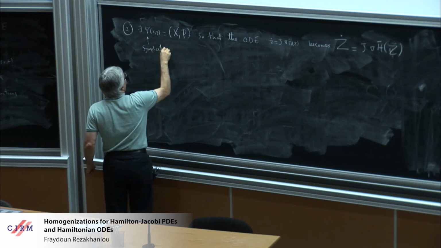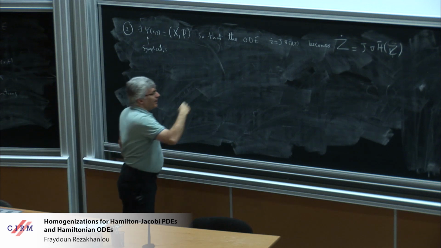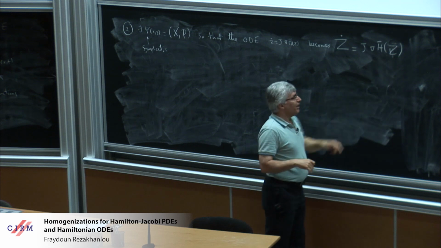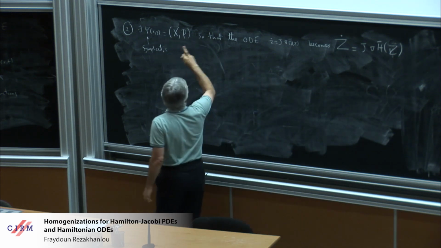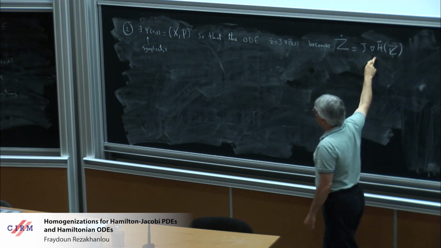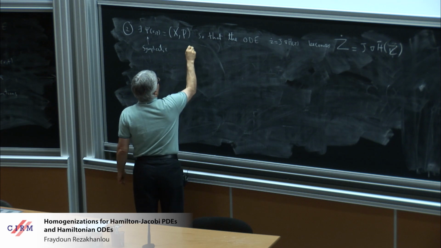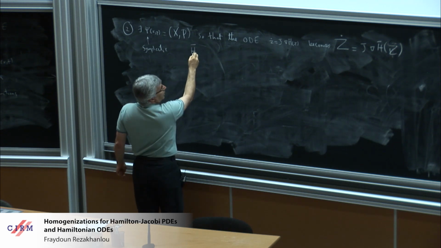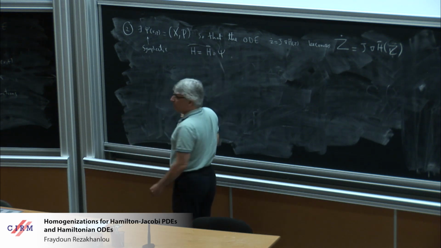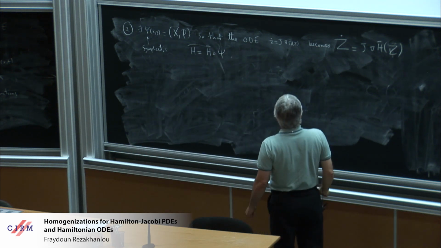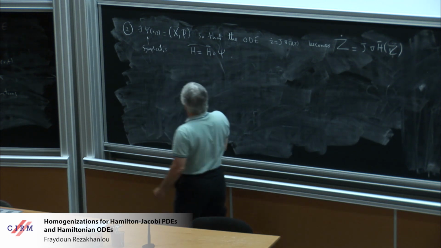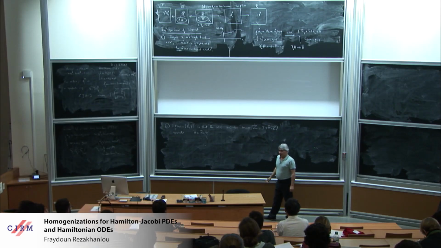So if you take a symplectic change of coordinates, then you can guarantee the outcome is again a Hamiltonian ODE, and the relationship between the old Hamiltonian H and new Hamiltonian H bar is very simple, and is simply given by the formula that H, for example, is H bar composed with psi. It's as simple as that. Or the other way around, maybe. So I define, yes, that's correct. So that's a relationship between the two.